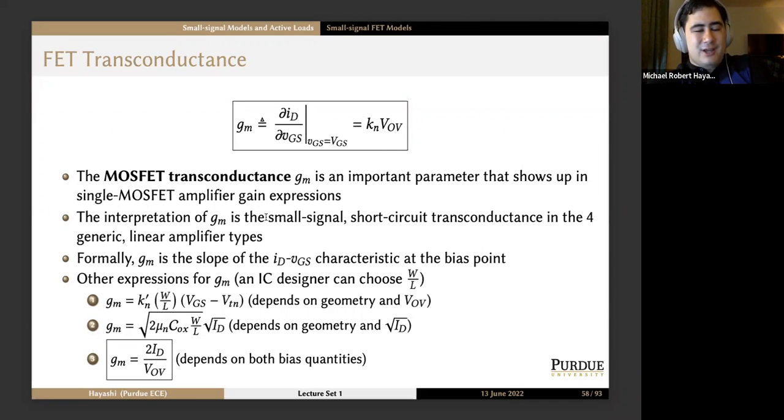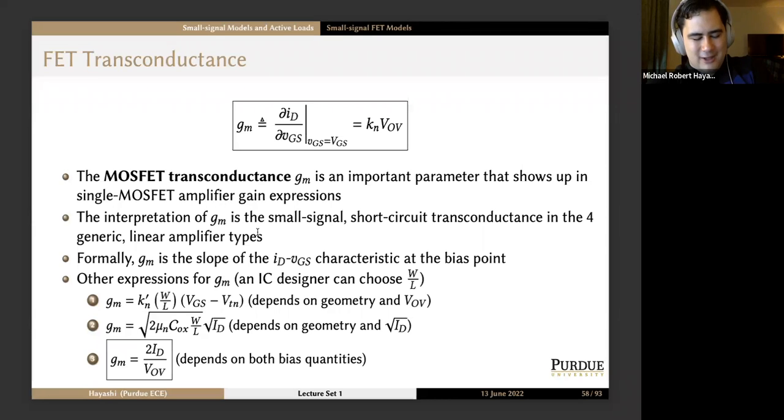What does MOSFET transconductance really mean? It's a number that shows up a lot, but how do I figure out what it means? If we think about the 4 generic linear amplifier types, you can have voltage in, voltage out; current in, current out; current in, voltage out; voltage in, current out. We're dealing with the last one, voltage in, current out.